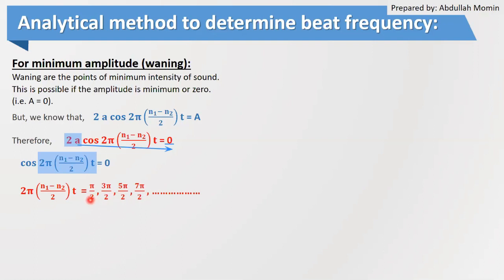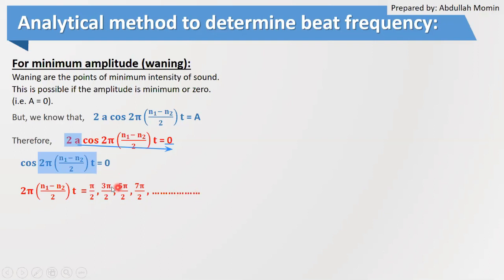Whenever the value of this highlighted term, 2 pi (n1 minus n2) divided by 2 into t, is pi by 2, cos of this will be 0. If the value is 3 pi by 2, we will get 0. When it is equal to 5 pi by 2, we will get 0. When it is equal to 7 pi by 2, we will get 0, and so on.